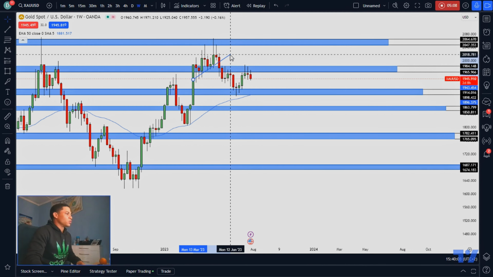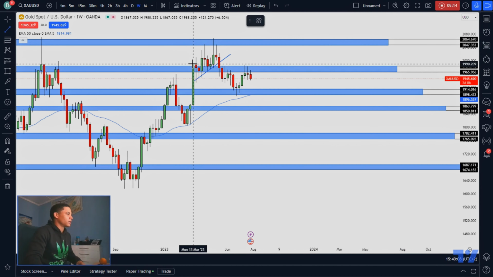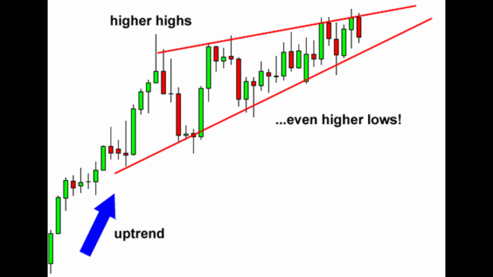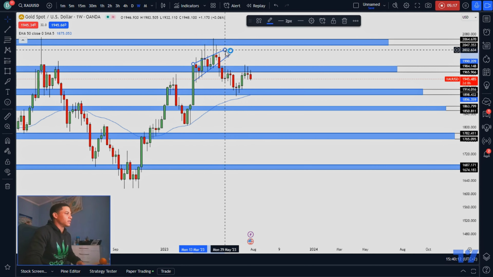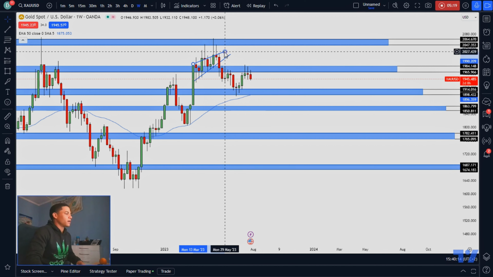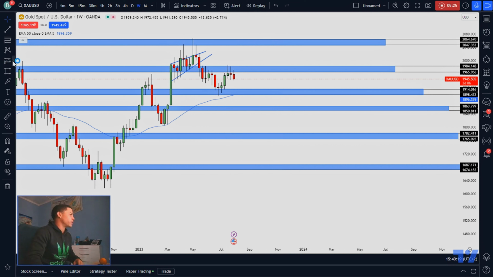Looks like we have a rising wedge on an uptrend, and a rising wedge on an uptrend is a reversal chart pattern, sorry, and that signifies price changing direction, reversing all the way down.